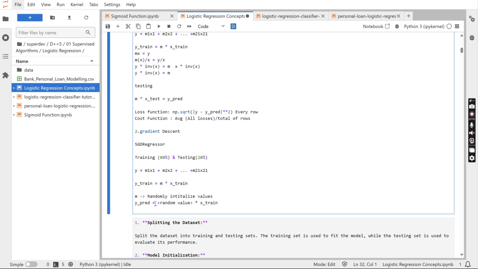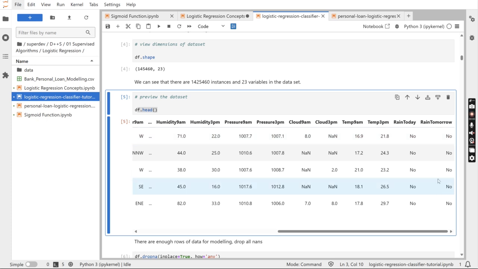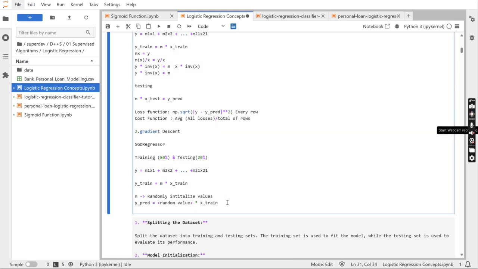Rather, you take random values of m, multiply them with x, all these values, and see if they match with these. So basically you're doing a trial and error method now. If the values are far away from these values, I will slightly adjust this random value. Either I will decrease it or increase it.